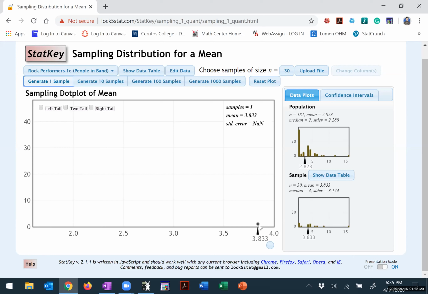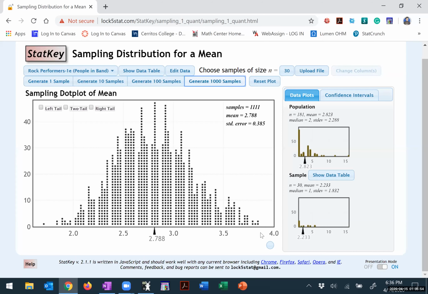They ran a bunch of data and said, we got 3.8 as our average. Let's get 10 samples. With 10 samples, we get about 3 people as our average. If I generate 100 samples, I get 2.807 as my average. And if I generate 1,000 samples, look at that.